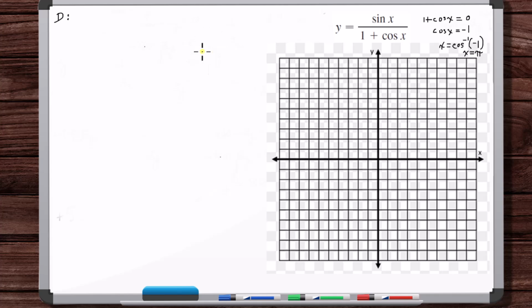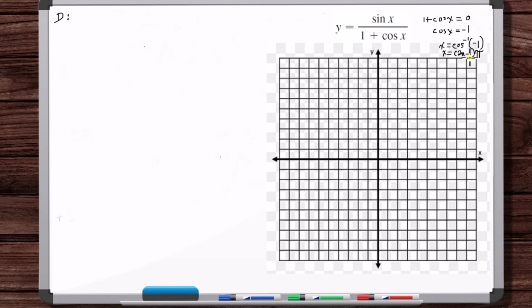So really, the technically correct answer here is x is equal to (2n minus 1) pi, where n is any integer. You could pick any integer you want, positive or negative.